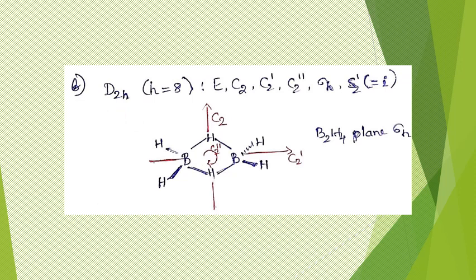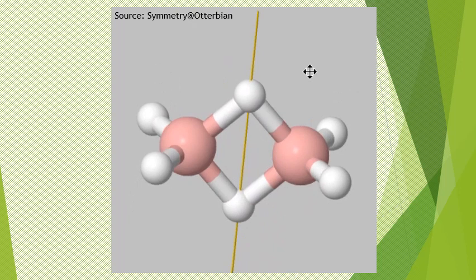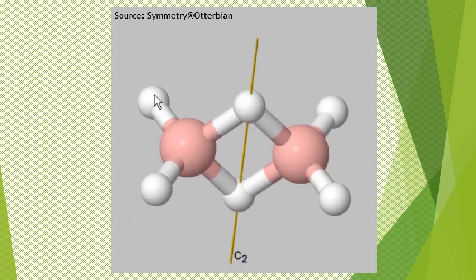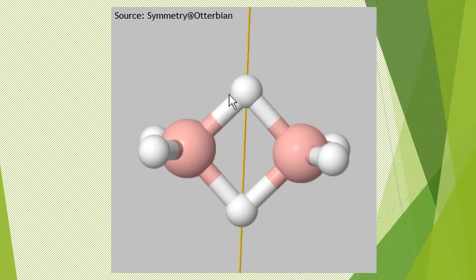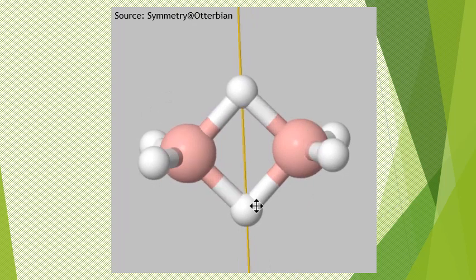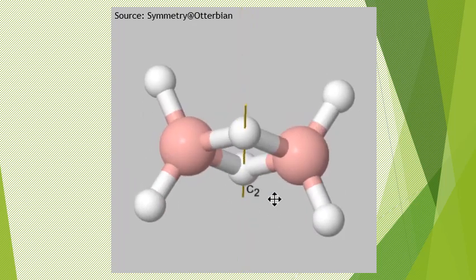Let's see its animation. So this is the molecule B2H6, as you can see. These 2 BH2 units are in one plane, whereas the 2 three center 2 electron bonds, or banana bonds, those 2 hydrogens which are involved in a banana bond, are in a perpendicular plane. Now one axis I have identified. You can take it as the principal axis.